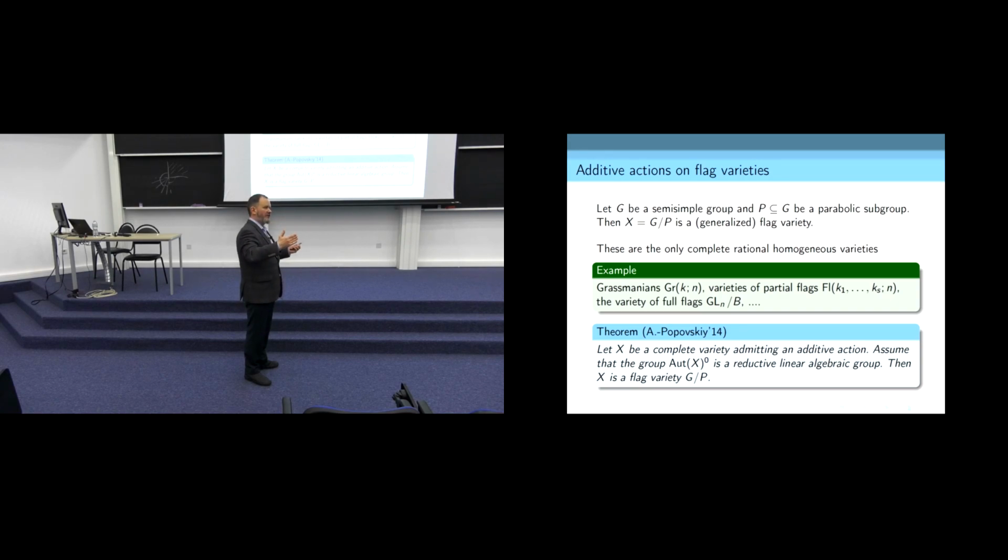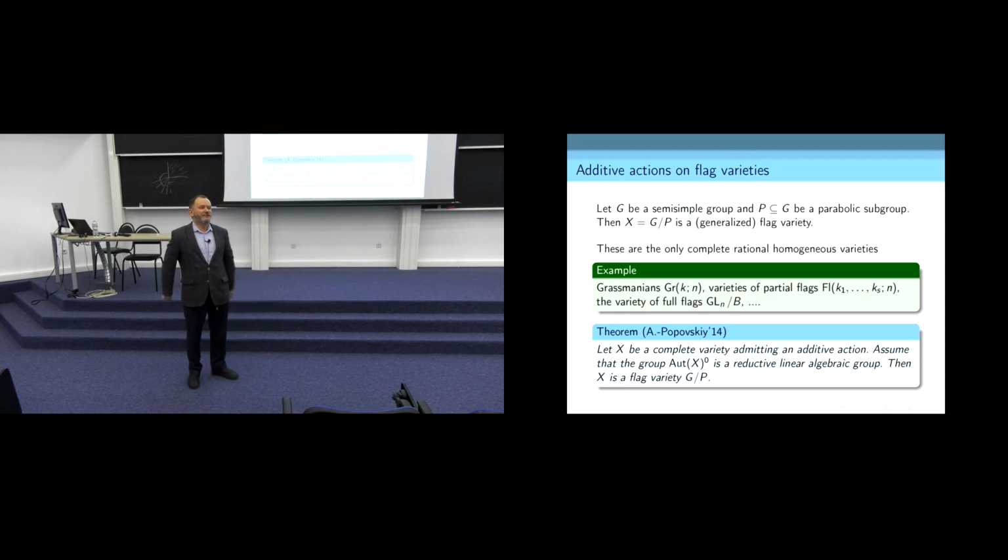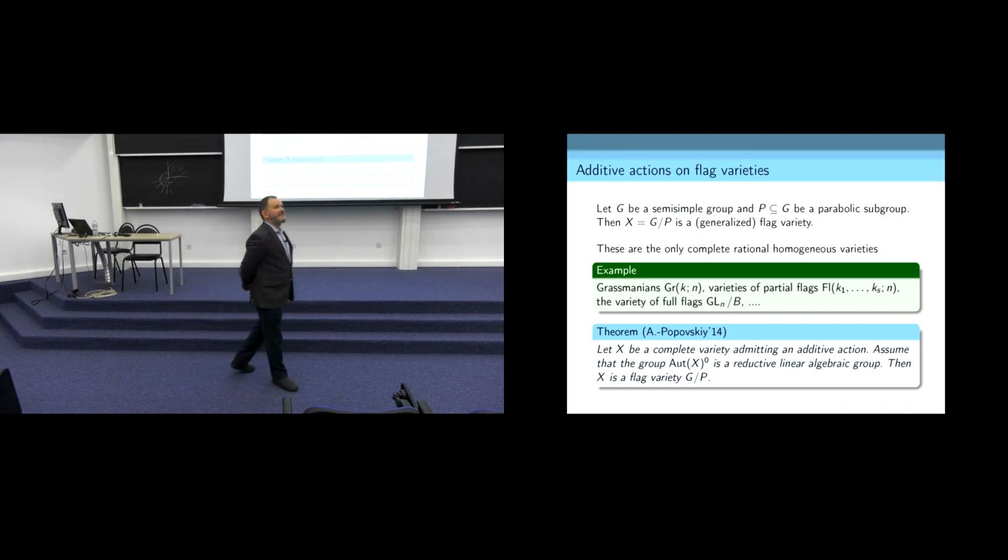Because a spherical variety is the case when the Borel subgroup has an open orbit, and inside of this open orbit of the Borel subgroup, there are some smaller orbits of the maximal unipotent subgroup. And their codimension is called rank. And if even the unipotent subgroup acts with an open orbit, then this is rank 0. And it is known that the only spherical varieties of rank 0 are homogeneous flag varieties. So this is true without smoothness assumption. I don't know whether I answered the heaven. Thank you.